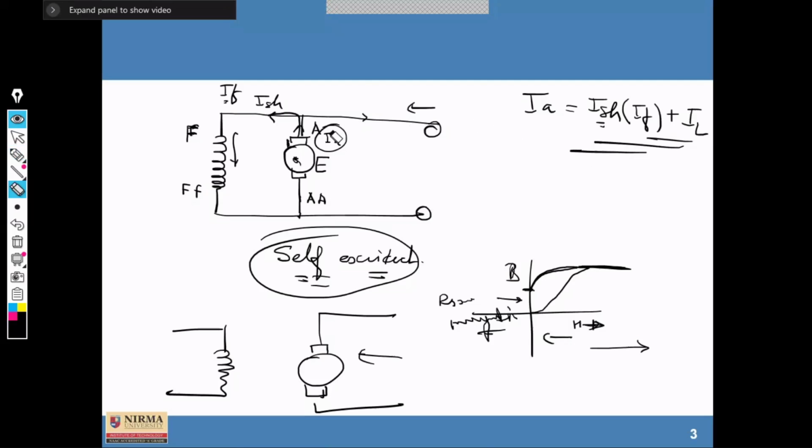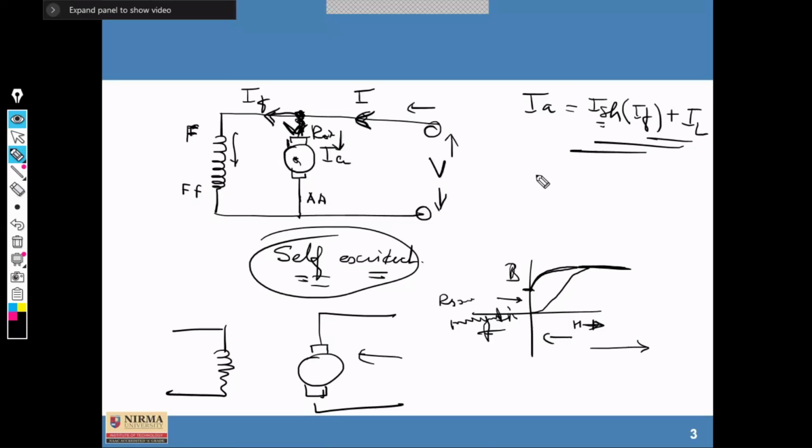And in case of a motor, it will be different. Suppose the terminal voltage is given to both the windings. Fine. So the current I will flow. That current will be divided into two parts. One is flowing from this junction, that is IF or ISH, and another current will be inside the rotor, the IA current.